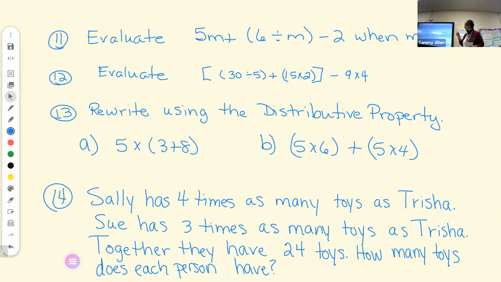Number 11, I'm going to run through the steps real quick for you. Please make sure if you don't have these steps written down that you are writing them down. The next step would be to substitute 3 in for m.